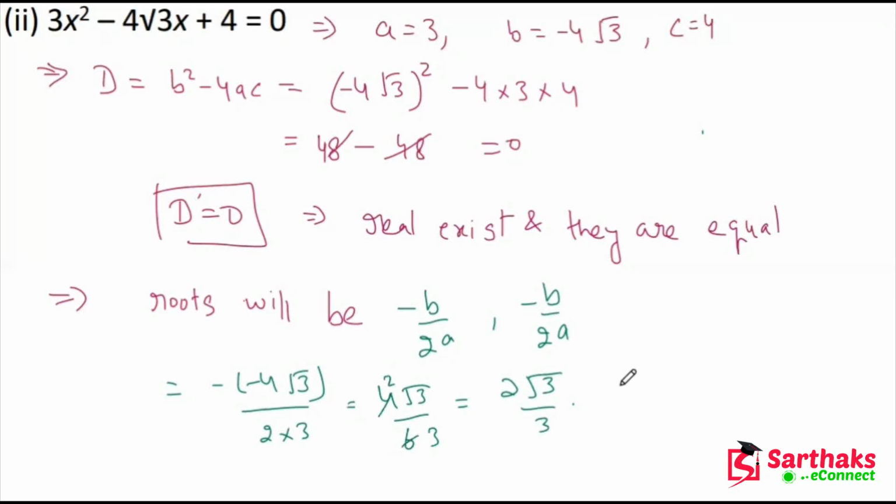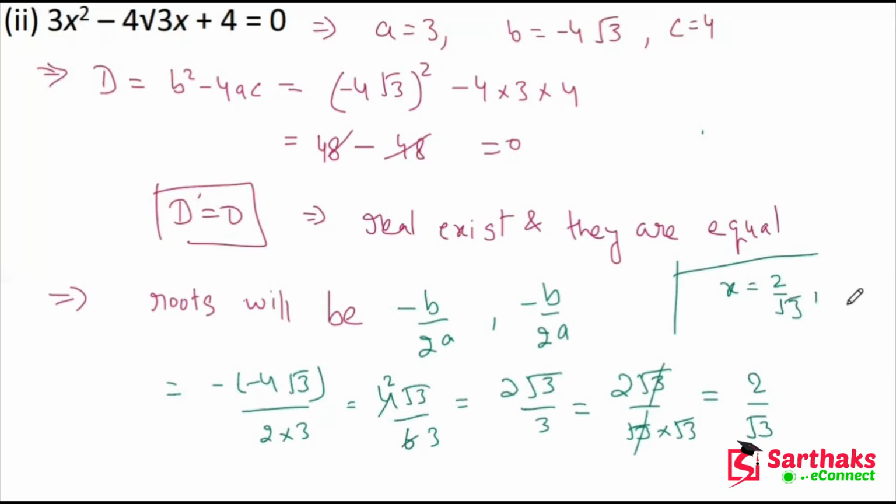It can be written as 2 root 3, and we can write 3 as root 3 into root 3. And 1 root 3 will be cancelled. So the roots are x equals 2 by root 3 and 2 upon root 3, equal roots.